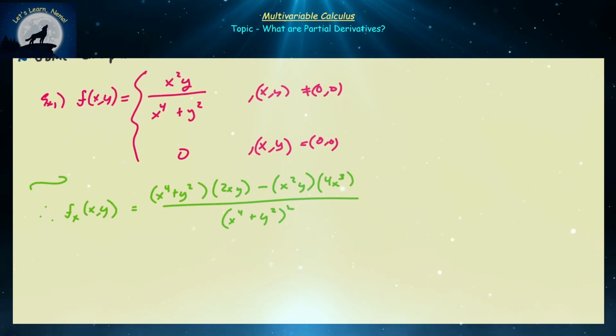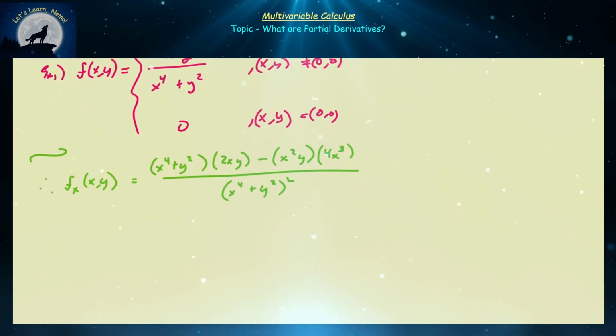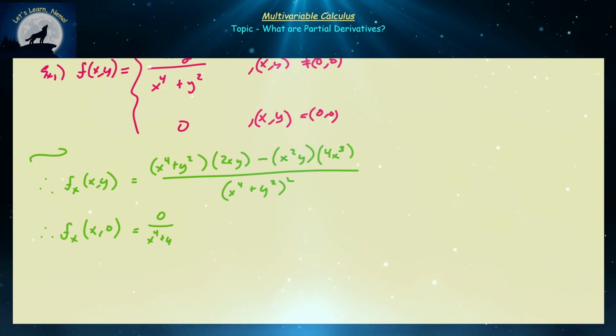And if I allow, for example, y to be equal to 0, I'm going to have fx(x, 0) equal to, the y squareds are going to go away, and I'm going to have 0 divided by x to the power of 4 plus 0, which we know is just 0. So we can cancel that out. So that's going to be 0. Also, if we let (0, y) be the case, keep in mind everything has y in it as well, so that's also going to give us 0.